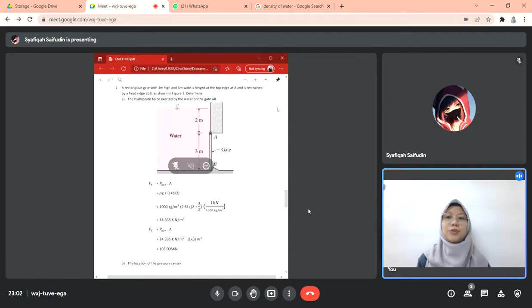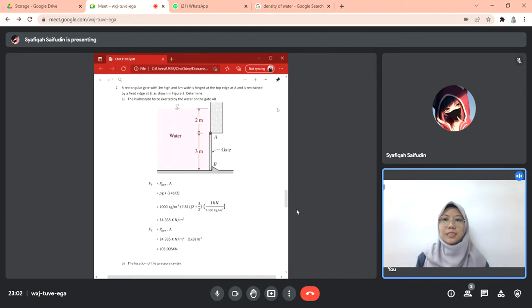So the second question is a rectangular gate 3 meter high and 6 meter wide, hinged at the top edge at A and restrained by a fixed ridge at B, as shown in figure 2. Determine the hydrostatic force exerted by the water on the gate AB.